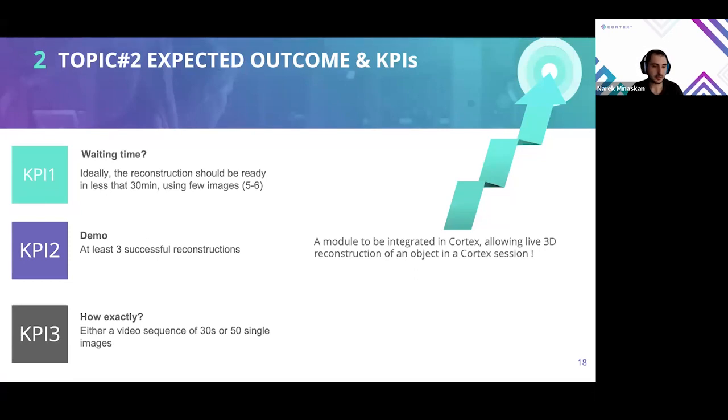And then we would like to see support for two ways of reconstruction, either with video sequences or a set of 30 to 50 single images. And at the end, this module will be integrated into the Cortex framework and can be used in live sessions for reconstruction. Next slide, please.